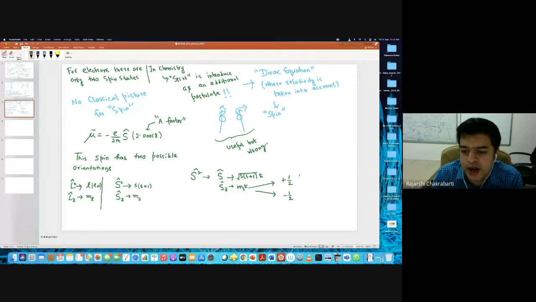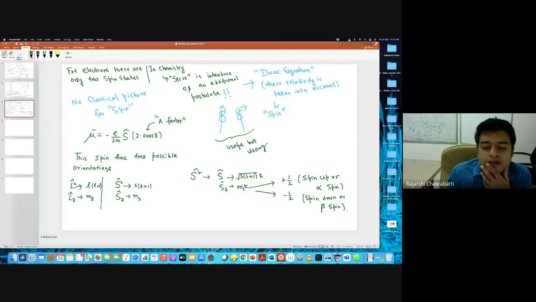This is called spin up or alpha spin, and minus half is called spin down or beta spin. Okay, any problem so far?